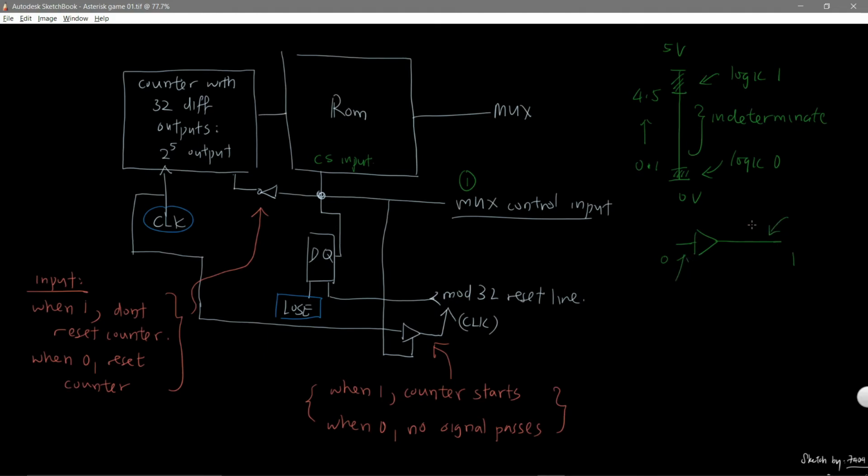Well, that goes against the second law of thermodynamics, unfortunately. So what it means is that a logical 0 here means a logical 1 here. And you can see the logical 0 is a lower voltage, a logic 1 is a higher voltage, right?